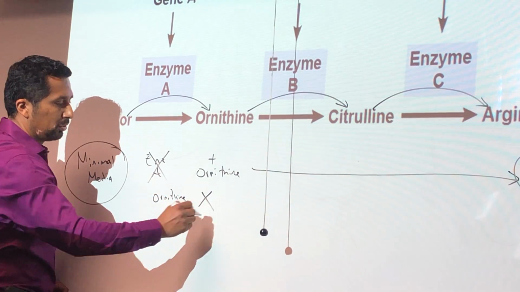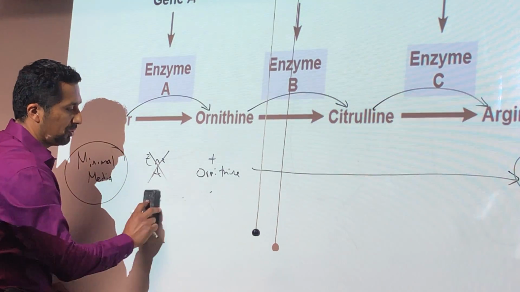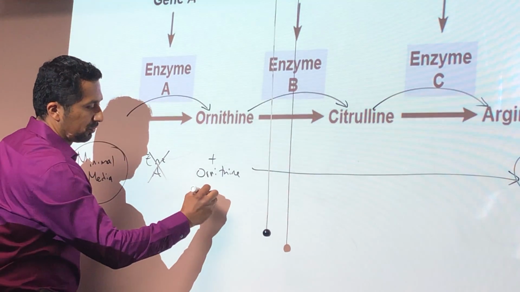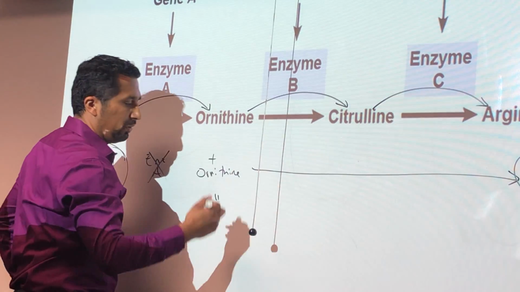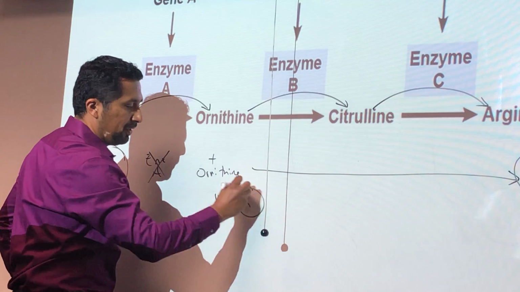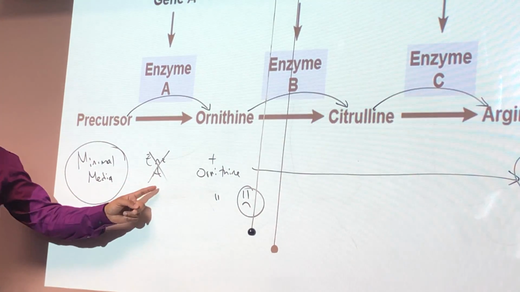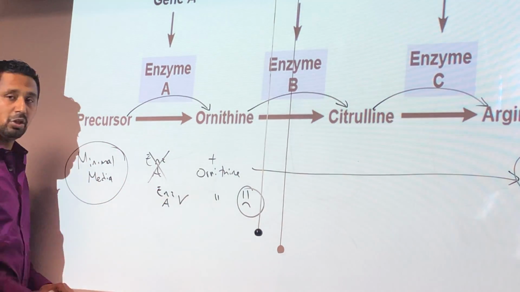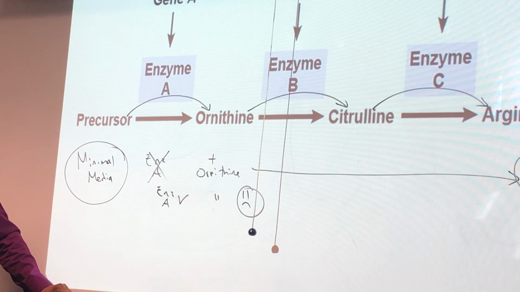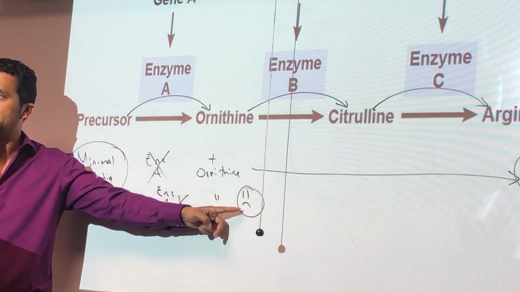But it still doesn't live. The same thing: add ornithine, but it doesn't grow, it dies. So that tells you that enzyme A is actually working. That's not the problem, because now you added ornithine and it still dies.